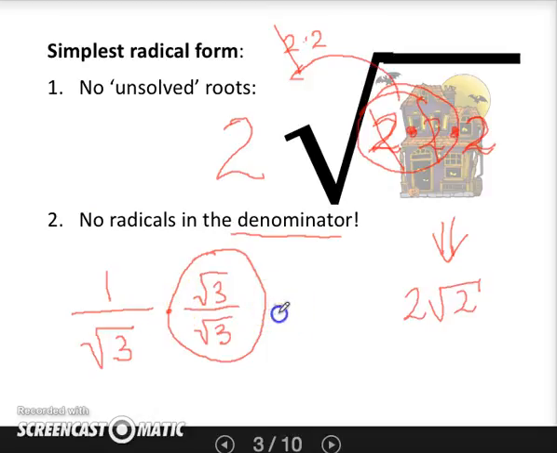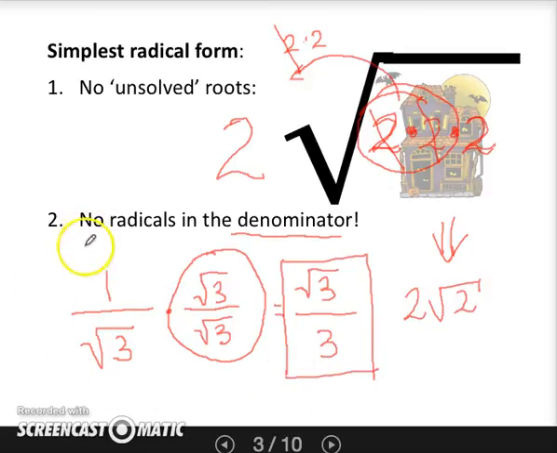But when we multiply these two fractions, 1 times the square root of 3 gives the square root of 3 in the numerator. The square root of 3 times the square root of 3 gives us back simply 3. And now we've expressed this ugly number in simplest radical form.